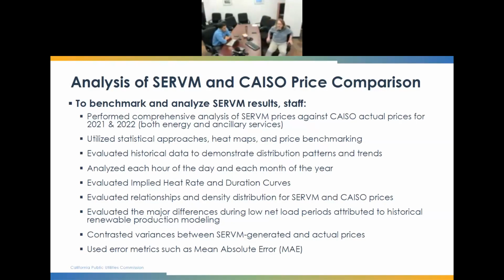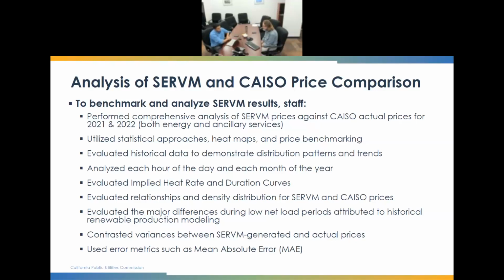So there is some analysis we did and some benchmarking. Basically, we did an analysis of the Servem price against actual CAISO prices for 21 and 22, for both energy and ancillary services. We used different statistical approaches, and we also looked at distribution, pattern, and trend. We analyzed each hour, day, and each month of the year.